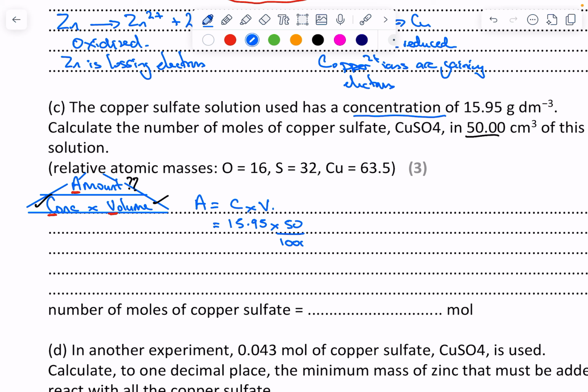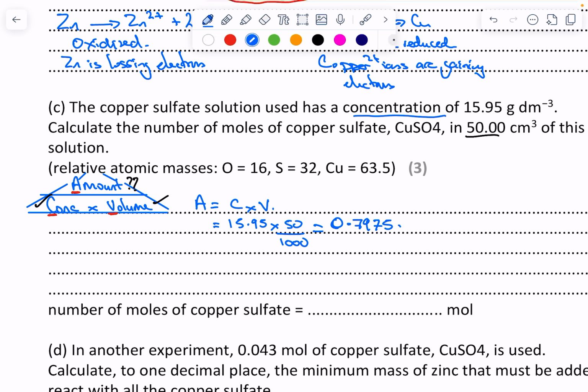But remember, we have to divide that by 1,000, to get that into decimeters cubed. So if I just do that on my calculator here, it's 15.95 times by 50, and then divide that answer by 1,000. I'm getting an answer here of 0.7975, and the units for that will be grams, sorry.